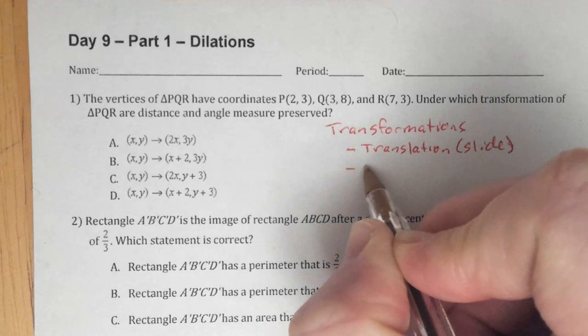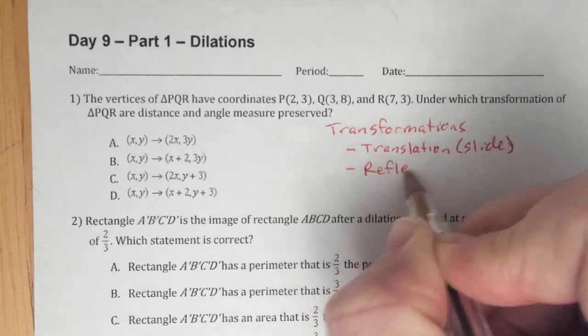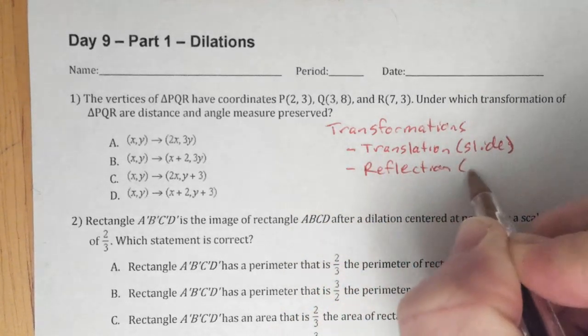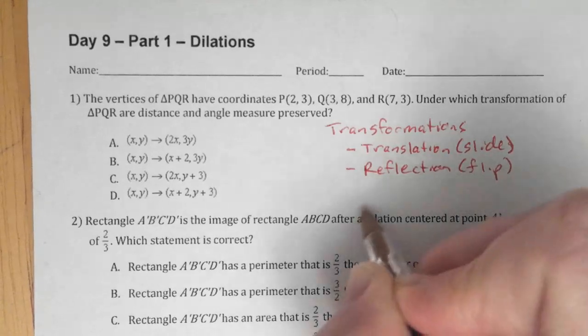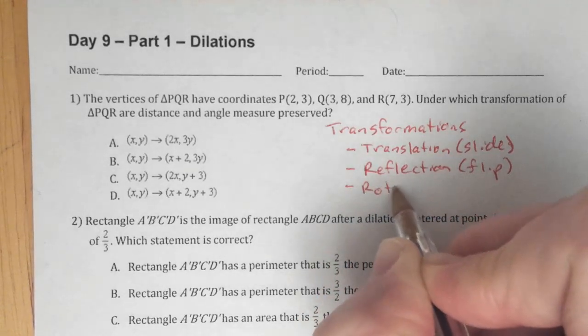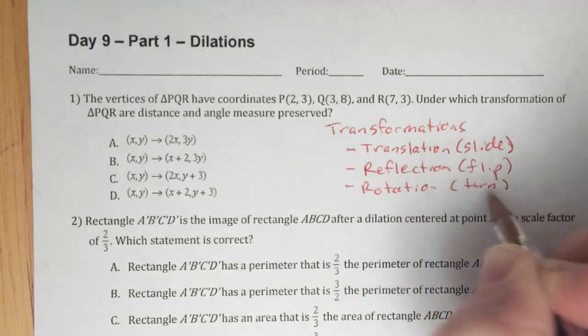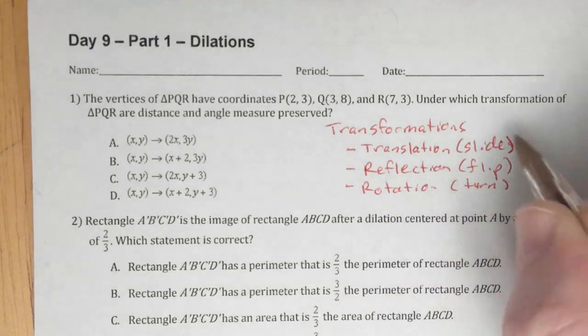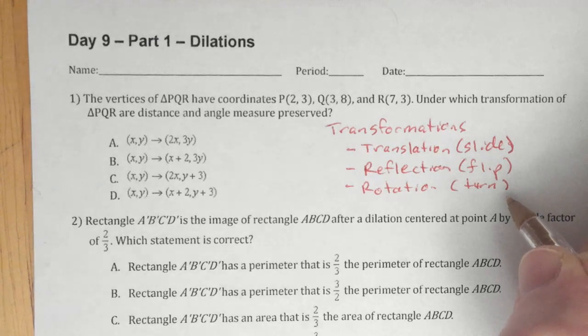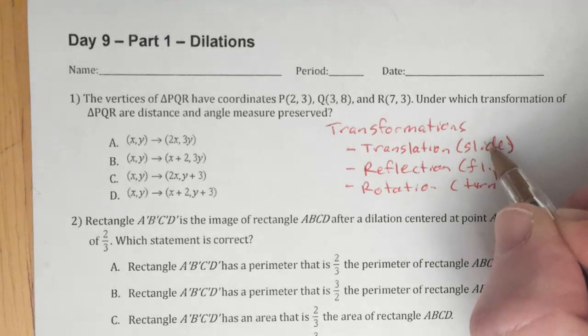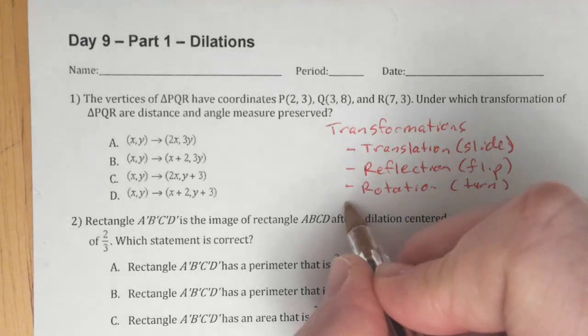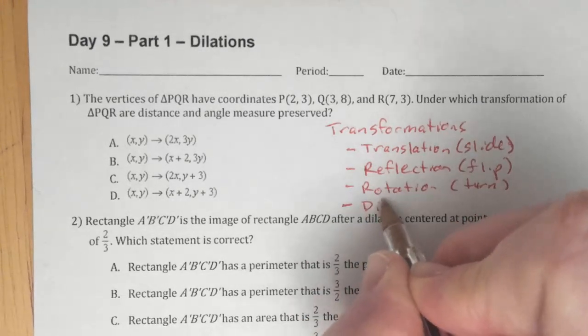Then there is the reflection, which is a flip. Rotation, which is a turn. And then there's a couple that are a combination of those, such as glide reflection, which is both a translation and a reflection at the same time. And then the last one is called a dilation.